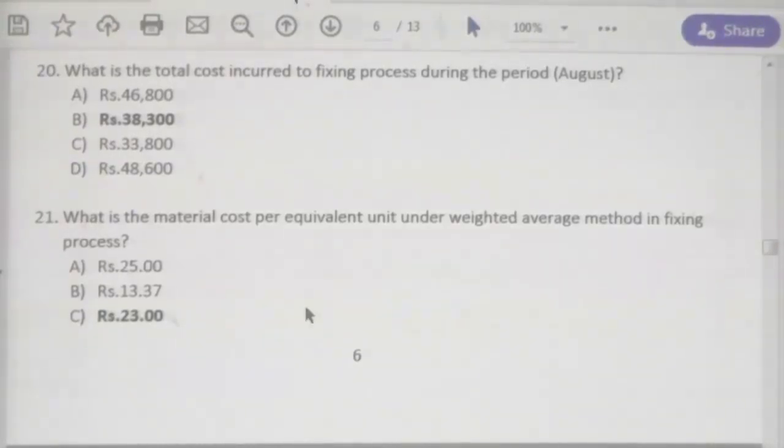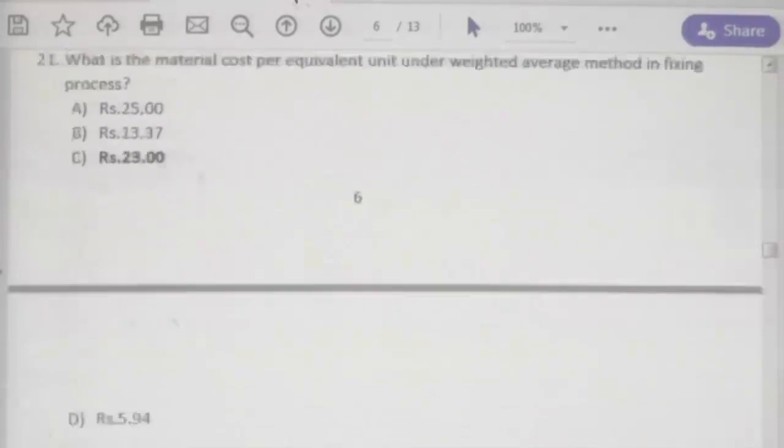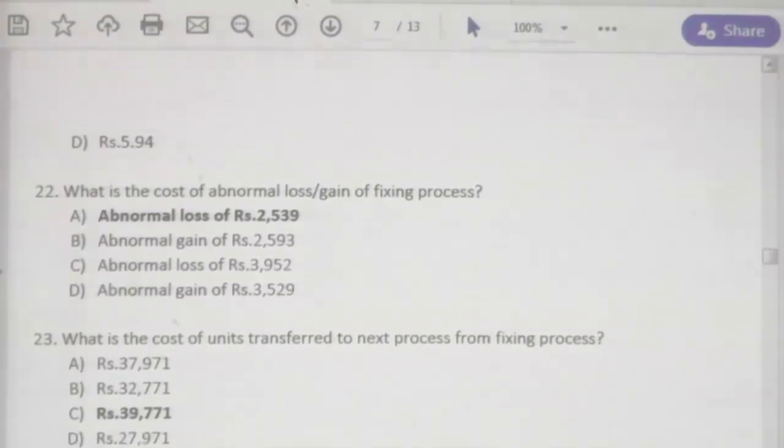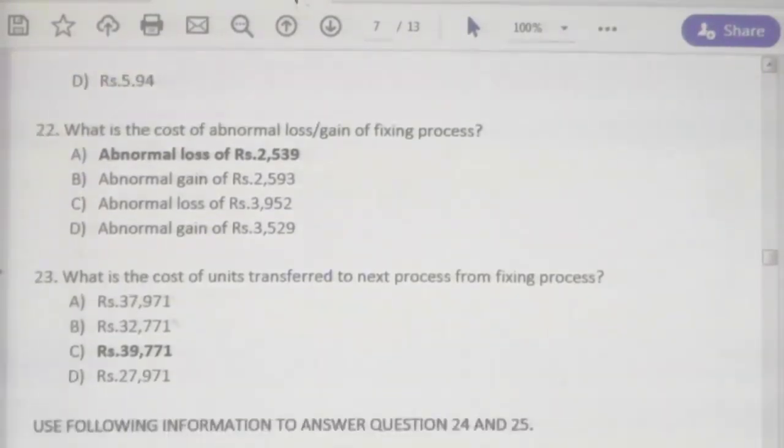Then what is the material cost per equivalent unit under weighted average method? They ask you to use weighted average method. Then what is the cost of abnormal loss and gain of fixing process? Then what is the cost of transfer to next process from fixing process?